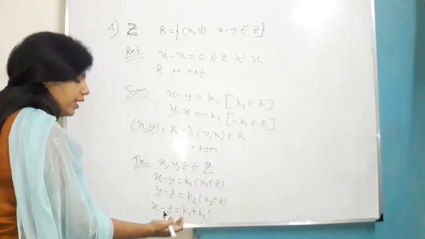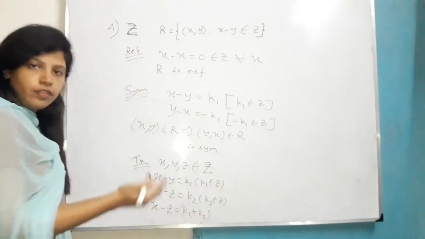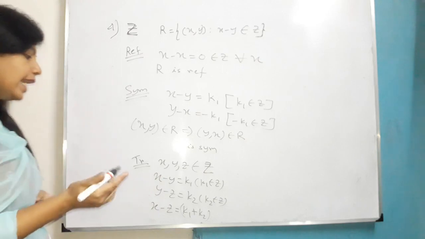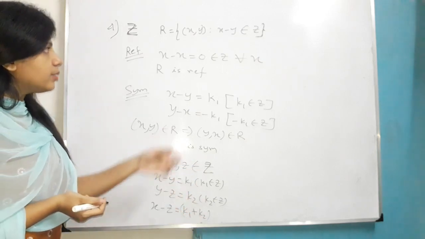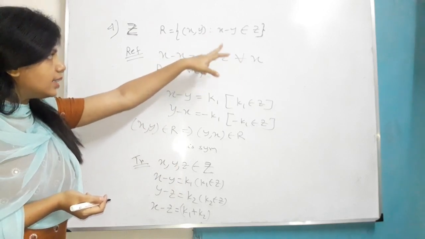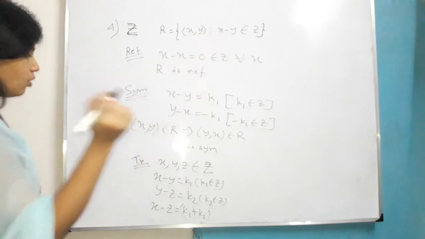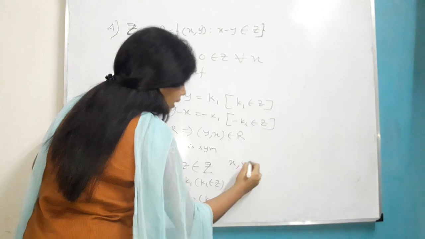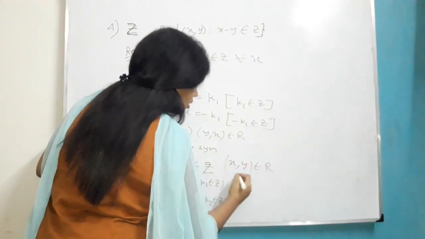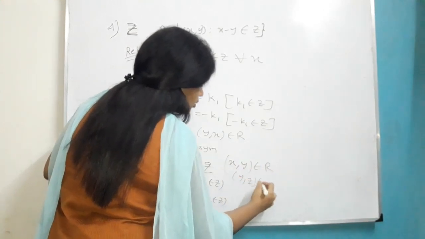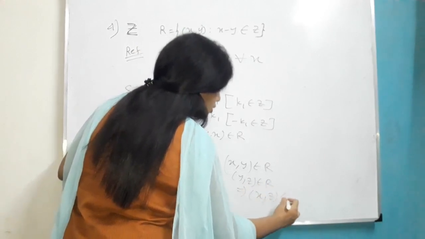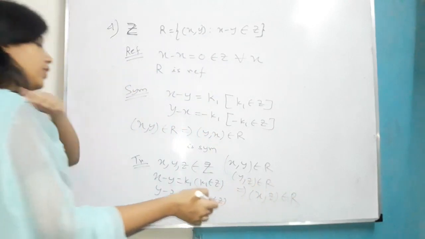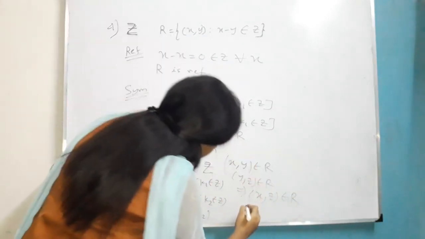Now since k1 is an integer and k2 is also an integer, it is obvious that the sum of two integers is also an integer. That means we can say that x minus z belongs to Z. So (x, y) belongs to R, (y, z) belongs to R implies that (x, z) also belongs to R. Therefore we can say that R is transitive.